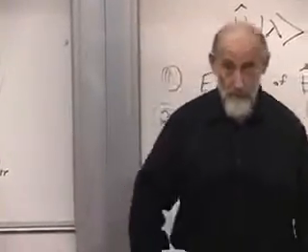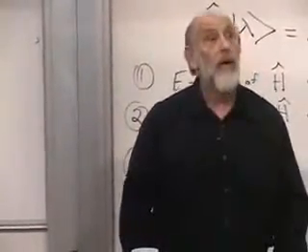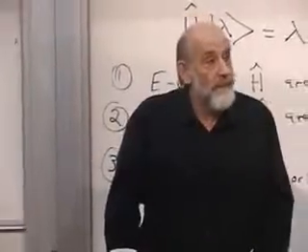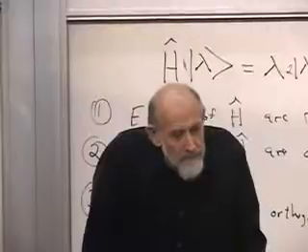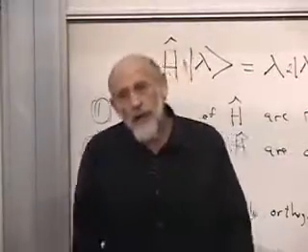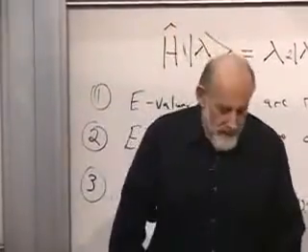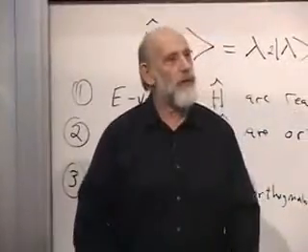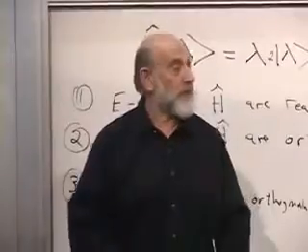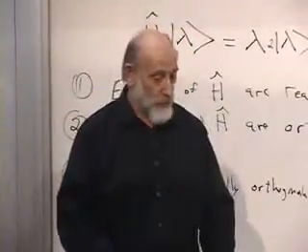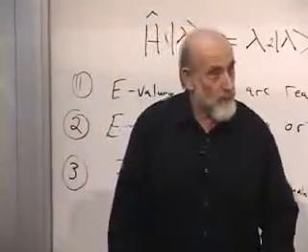Any questions? Yes? Would it be wrong to say that you observe eigenvectors? Well, I think it's more proper to say that you observe the observable and get a number, and the number corresponds to the eigenvalue. I would say that's more proper terminology and a more proper way to think.